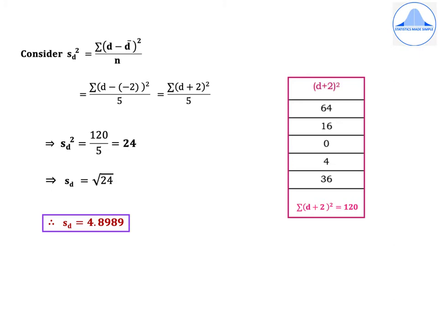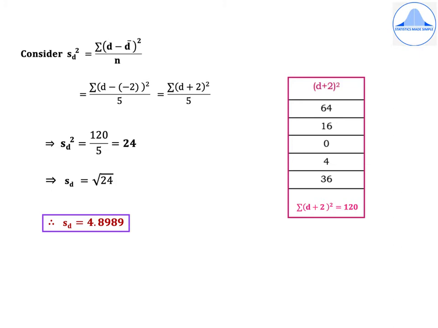Minus 10 plus 2 is equal to 8, and 8 square gives us 64. Similarly, take the next value 2. 2 plus 2 is 4 and 4 square is 16. The remaining d plus 2 the whole square values are 0, 4 and 36, which gives summation d plus 2 the whole square as 120.